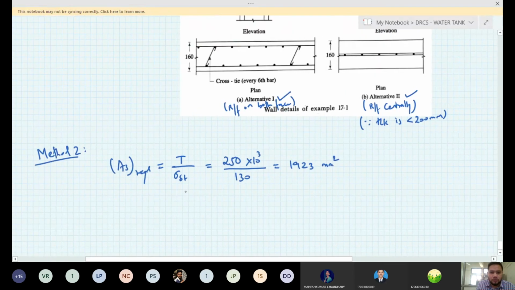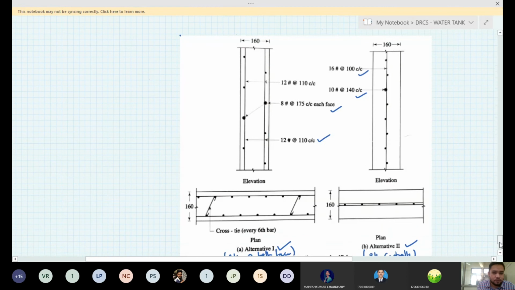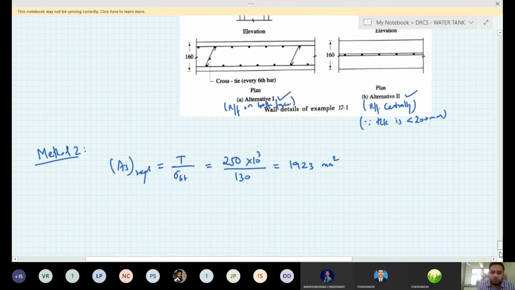Once you have the steel, then you put the value of the steel. From this you can provide the steel. Let us say provide 12 dia at the rate 110 mm center to center on each face. Either of the ways you can provide, either this way or this way.